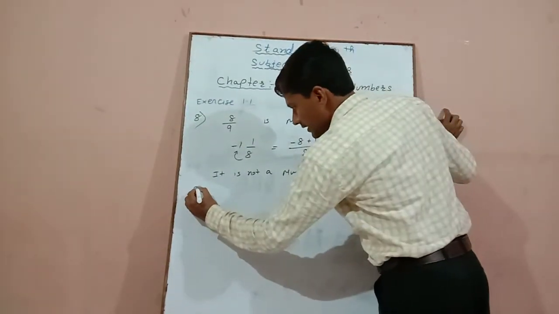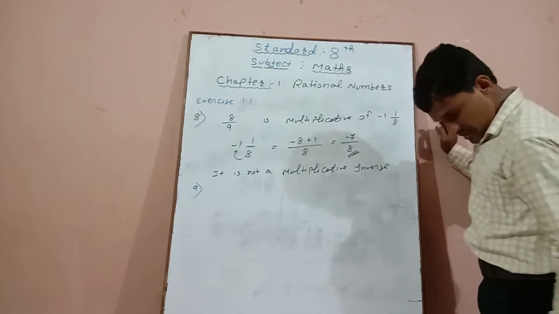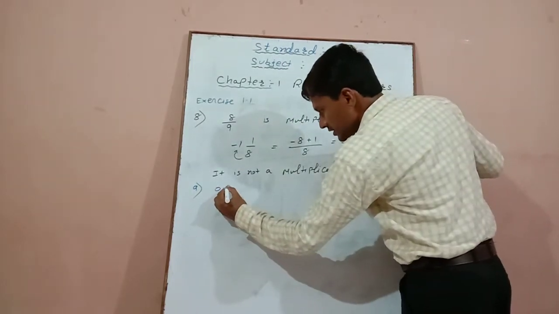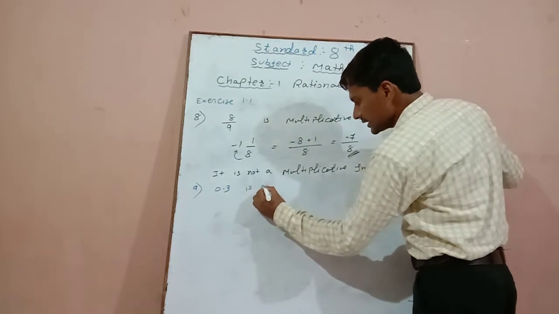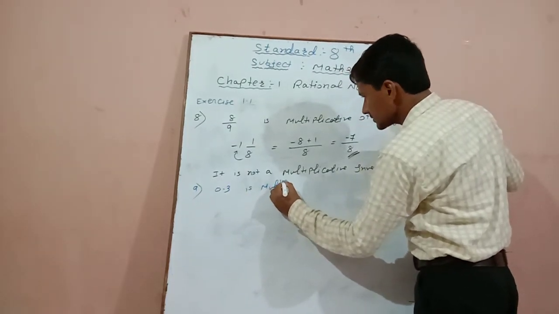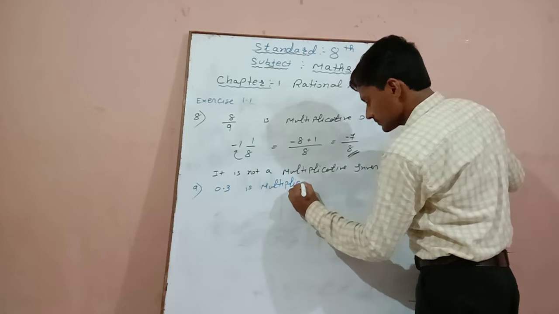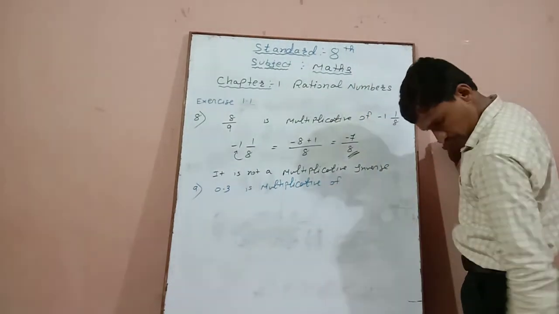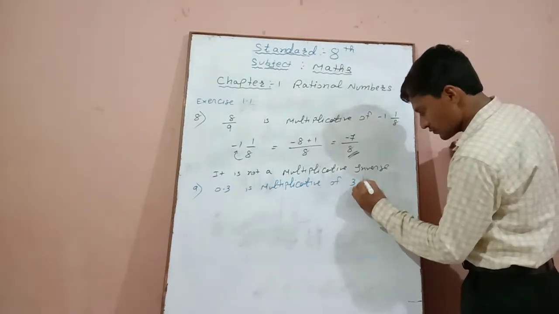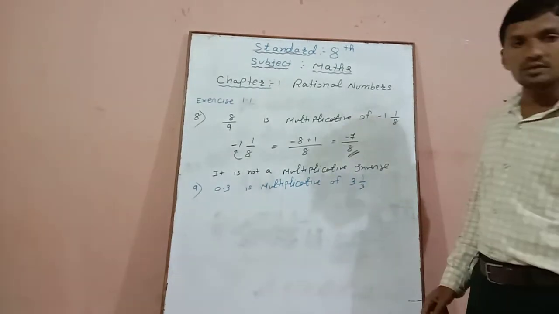Question number 9 is: is 0.3 the multiplicative inverse of 3 1 divided by 3?